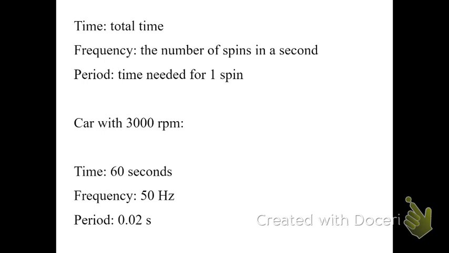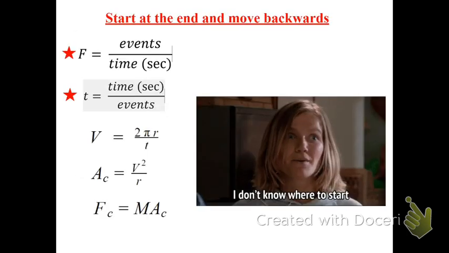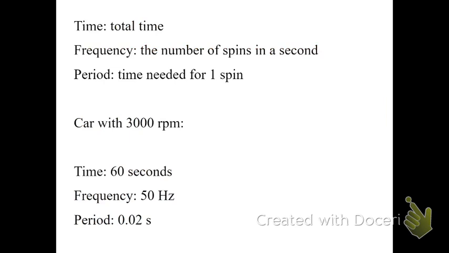So if we know that a car has 3,000 RPM, and actually let's bring this out a little bit bigger. So our car with 3,000 RPM, that means rotations per minute.